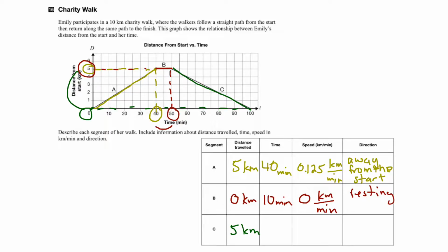Alright then, how long did it take her to do that? Well, she went from 50 all the way to 100 minutes in segment C, so that's a grand total of 50 minutes. So her speed would be 5 kilometers in 50 minutes.